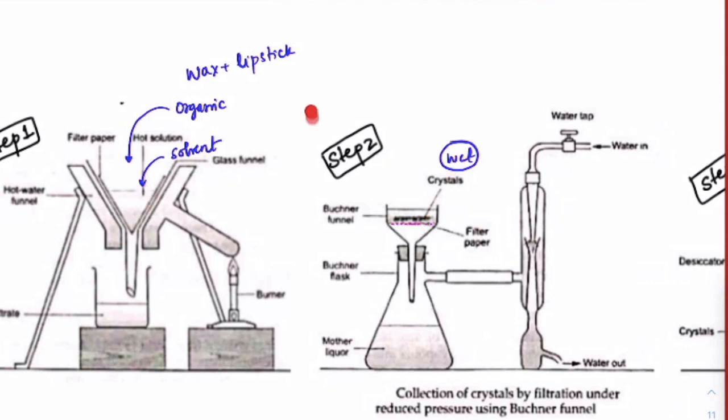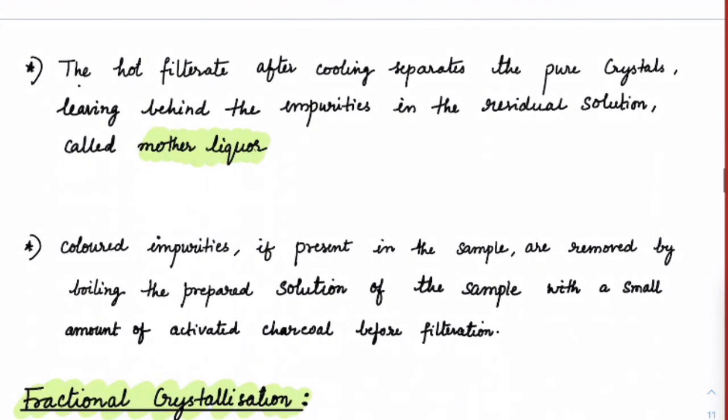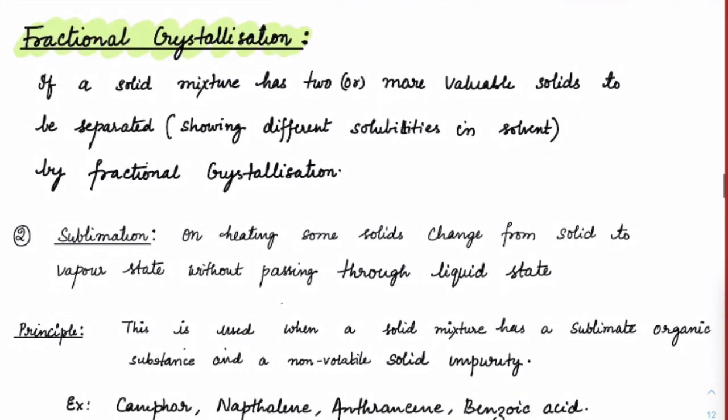Then you use some other solvent where the candle wax gets less dissolved and lipstick wax gets more dissolved in it. Filter that, again you crystallize that back. Got it? That way you will do fractional crystallization. Okay. So fractional crystallization is a method used when you have two or more valuable solids to be separated out. Is that clear, everyone?